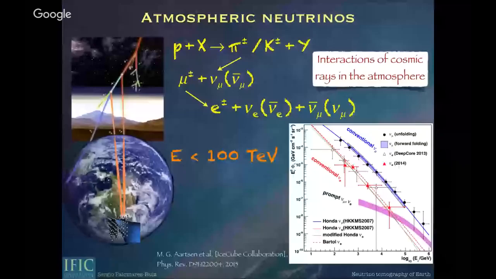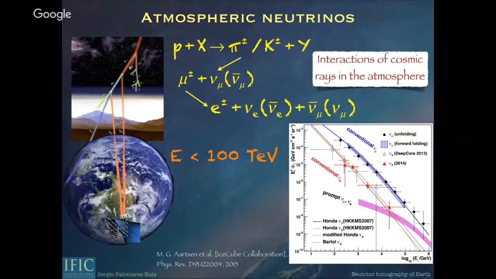Okay, so what are atmospheric neutrinos? I'm going to talk about atmospheric neutrino absorption tomography. Atmospheric neutrinos are those neutrinos produced after cosmic rays interact with the elements of the atmosphere. There is a cosmic ray flux that gets into the atmosphere, collides with the elements of the atmosphere, oxygen and nitrogen, etc., and produces pions and kaons that later decay and produce neutrinos, basically of electron and muon flavor.